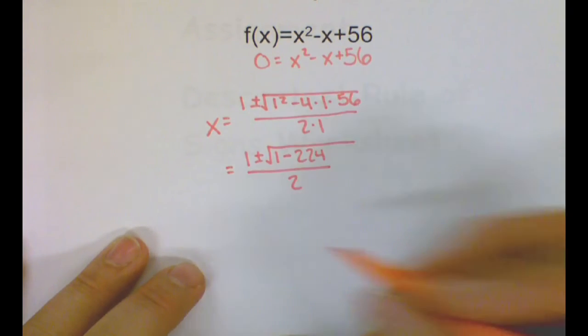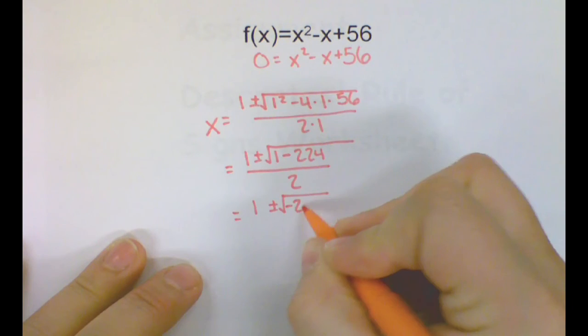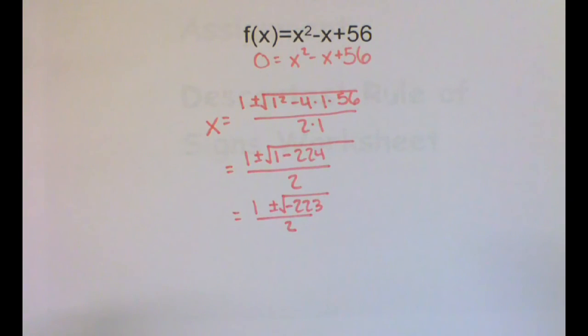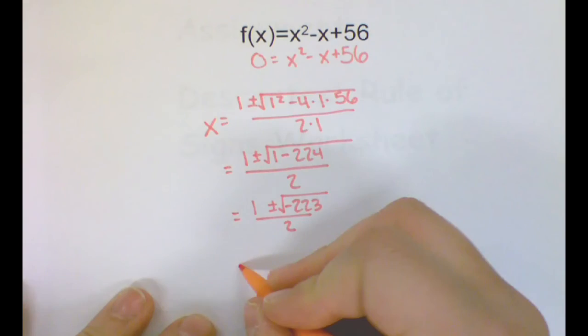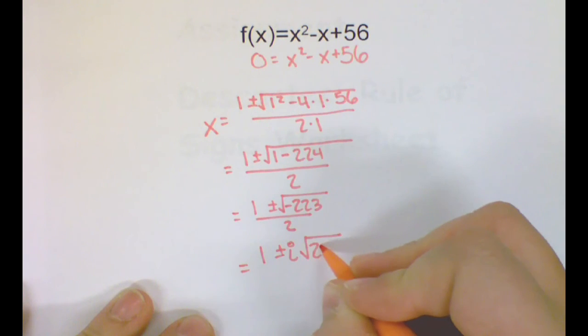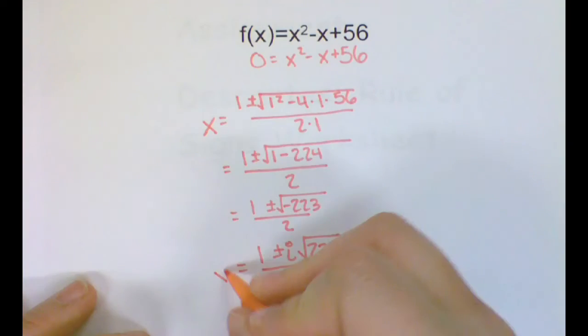And then we simplify. All right, well, 223. I don't know that that simplifies by anything. I don't know any factors of it, so we're going to go with 1 plus or minus i square root 223 all over 2. And we'll leave it at that.